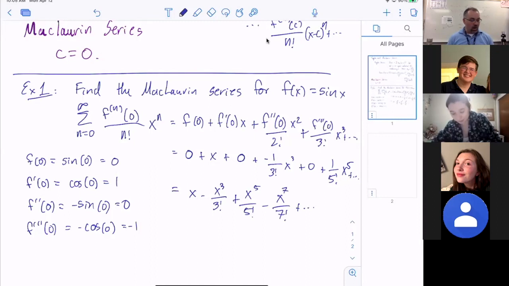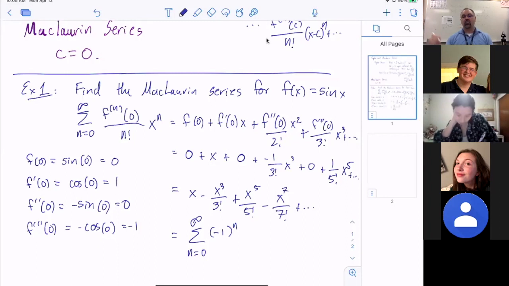So if we wanted to write this down as some kind of series notation, well, you can see that if we start at 0 and go to infinity, what's going on here? I've got an alternating series, so I know I've got a negative 1 to the nth power in here.